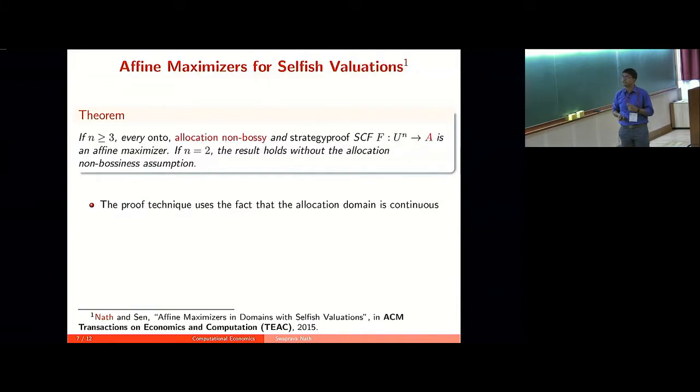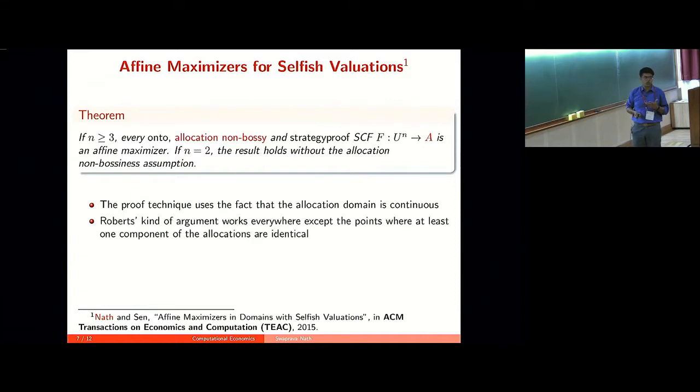The proof technique uses the fact that the allocation domain is continuous. What we show is that this Roberts kind of argument works everywhere except those points where the components are not similar. So if there is at least one component similar, then we cannot use Roberts.